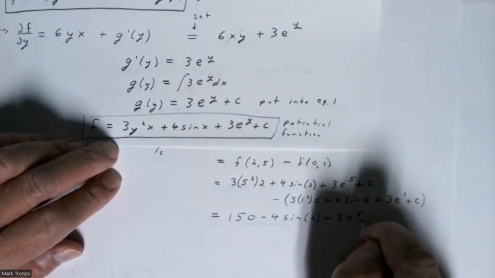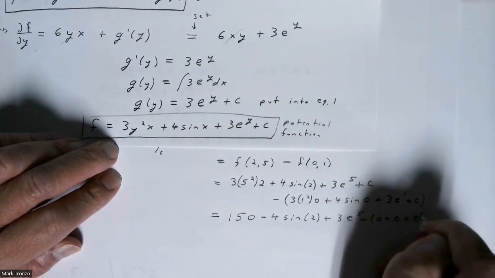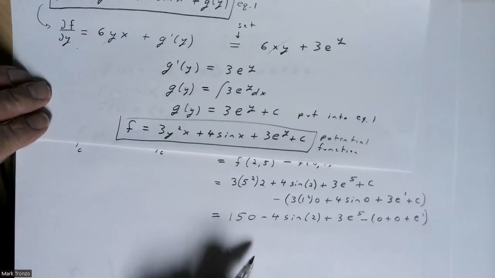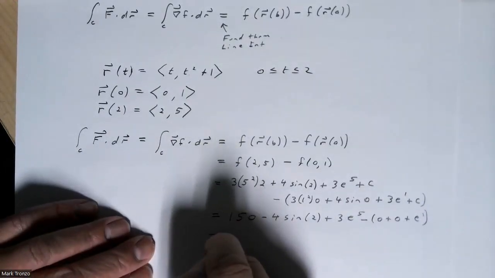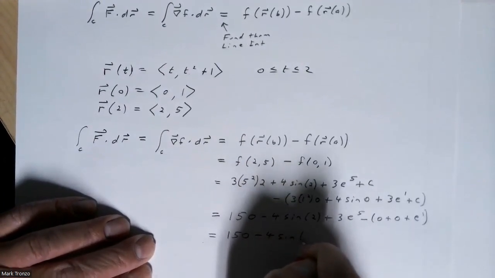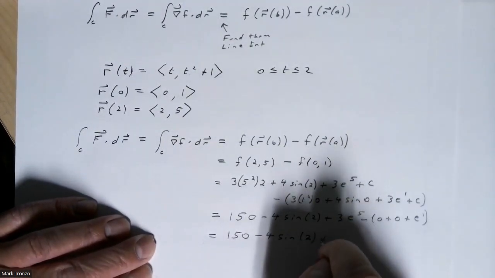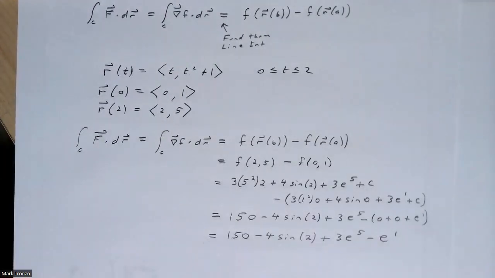And then it's going to be minus 0 plus 0 plus e to the 1st. And so you could leave it in that form or put it into your calculator to get an exact answer. And even before you put it in the calculator, you could simplify it just a bit. Again, for the sine, we would be assuming we're using radians. So that'd be our final answer.